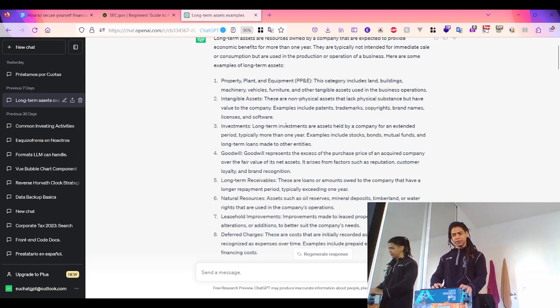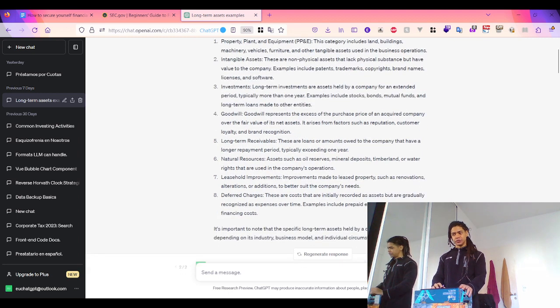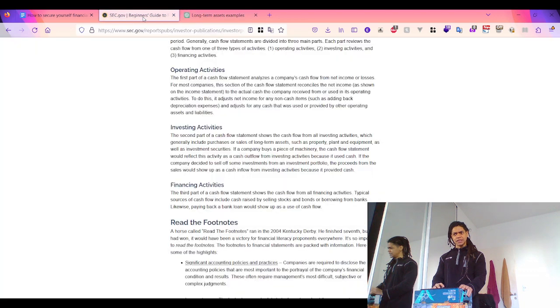Leasehold improvements are improvements made to leased property, such as renovations, alterations, or additions to better suit the company's needs. So that was very easy to grasp, at least for the investing activity.